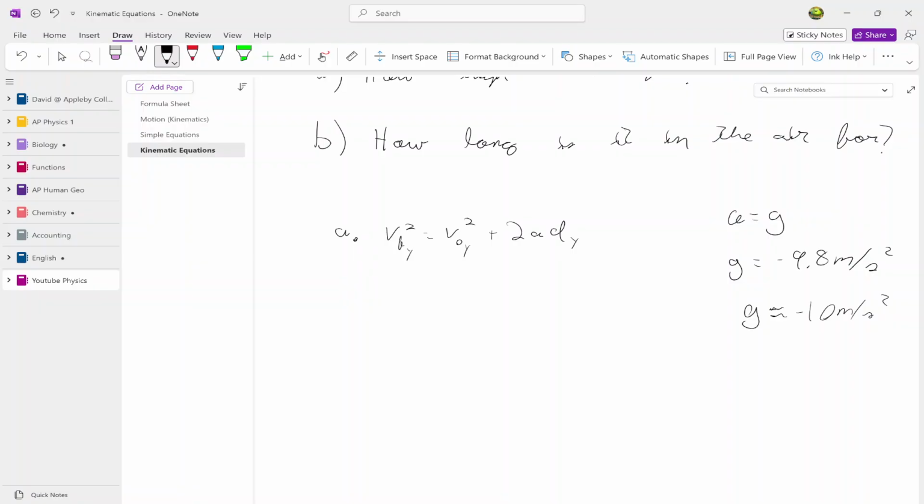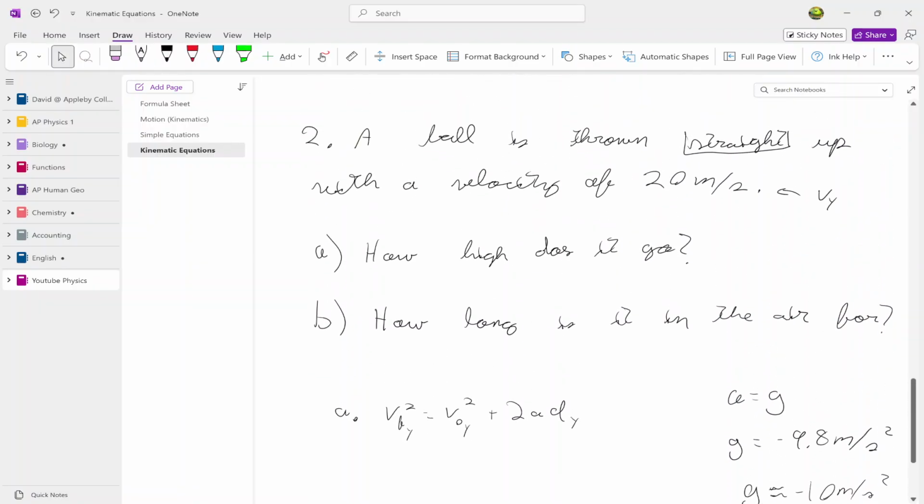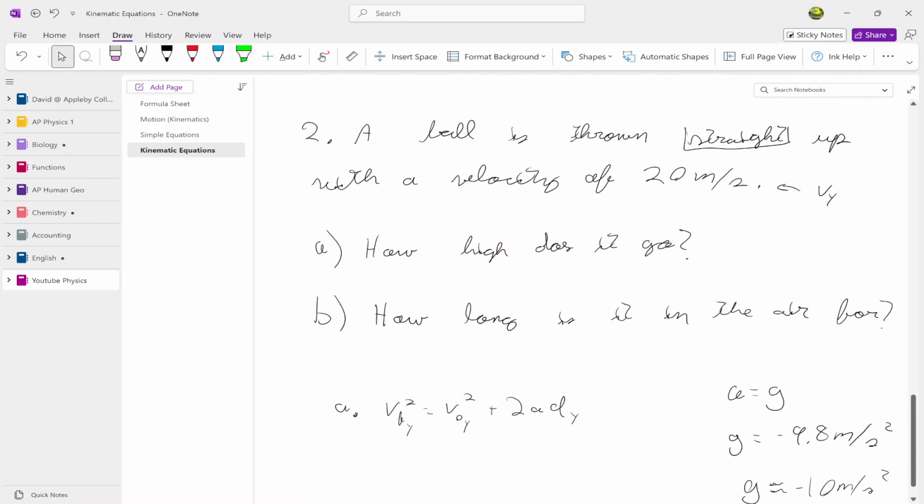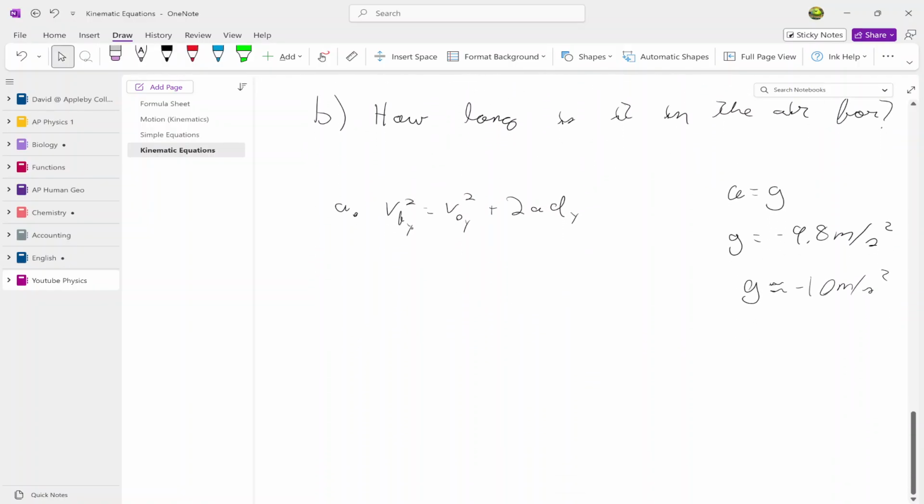Its final velocity is 0, so it would be its VOY, and this just turns into 0. So we're trying to find dy: negative VOY squared divided by 2a equals d over y. There you go.